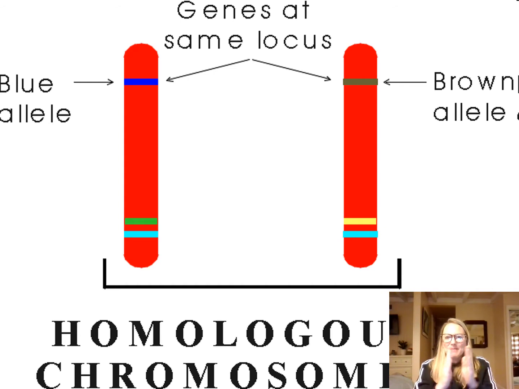And so when they pair up with their partner from the other parent, we call those homologous chromosomes. Remember, homo in Latin means same. So for example, chromosome 1 that you inherit from mom, if it pairs up with chromosome 1 from dad, those two are what we call homologous because they are the same chromosome.